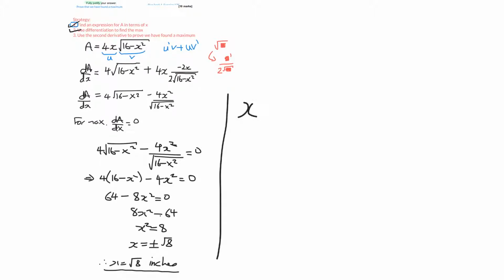When x equals the square root of 8, the area equals 4 square root 8 times the square root of 16 minus x squared, and that's root 8 squared, which is 8. So I've got 4 times root 8 times root 8, which is 4 times 8, which is 32.